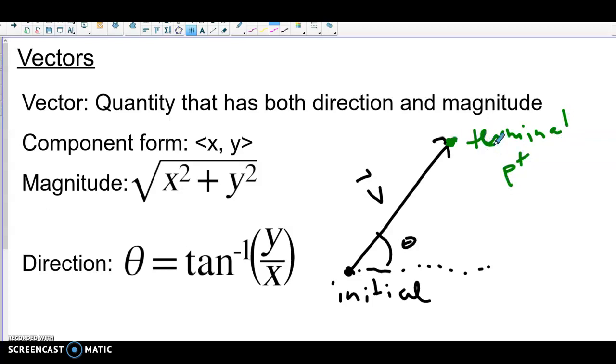Sorry, bear with me as I'm writing on my screen with my finger. It's a little challenging here. But anyway, so this is our initial point, this is our terminal point, this is our vector, and then this is our angle or our direction. Okay.